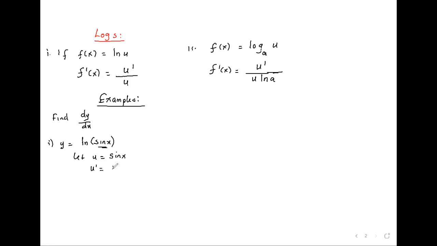The derivative of sine is cos x. Then I'll come back and say, so what is dy dx? dy dx is just the derivative of u over u, which is cos x over sin x. I'm done. If I know that this is cot, I can write it as cot. That is if I know. If I don't know, I'm done just with cos over sine.